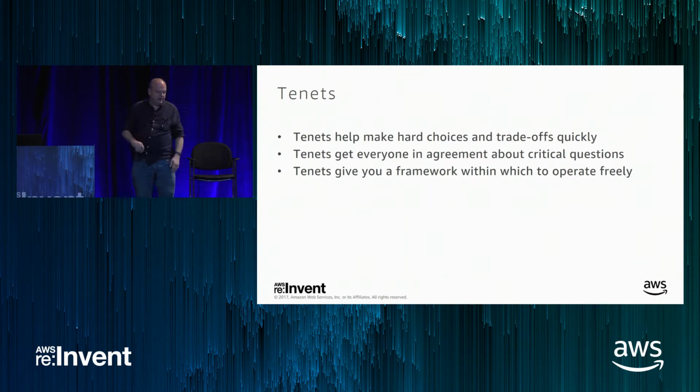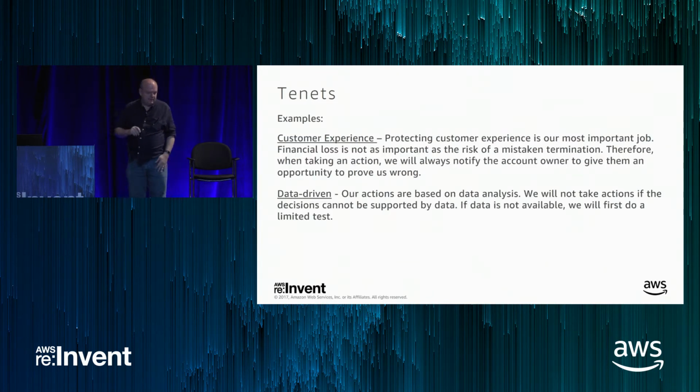Here's how we're looking at the problem. They get everybody kind of in the same boat. We publish our tenets. We let the people that we're fighting fraud for read our tenets and approve our tenets. And we try to do these. The primary goal of them is to make hard trade-off decisions and to move fast. So let me give you some specific examples.